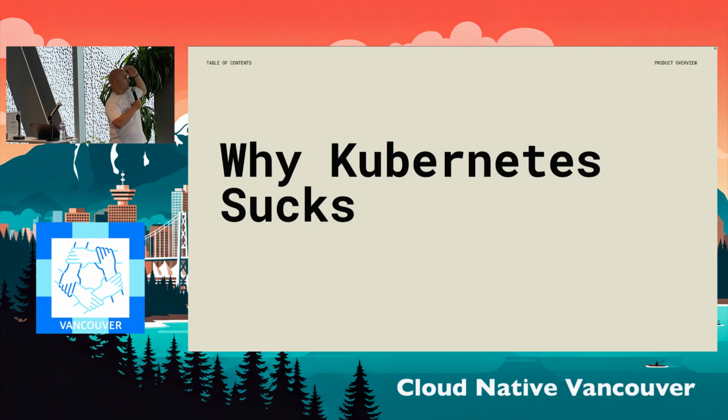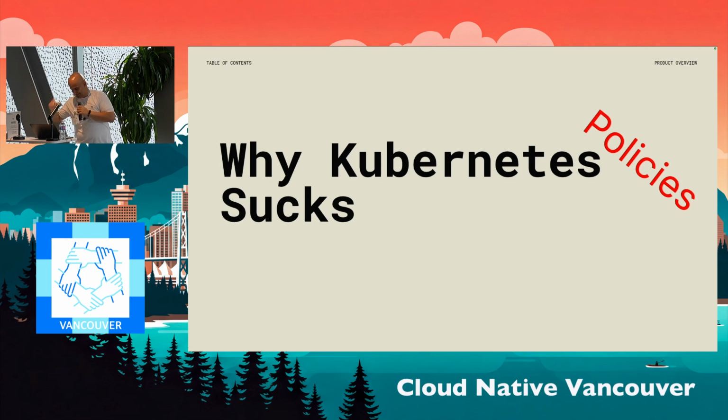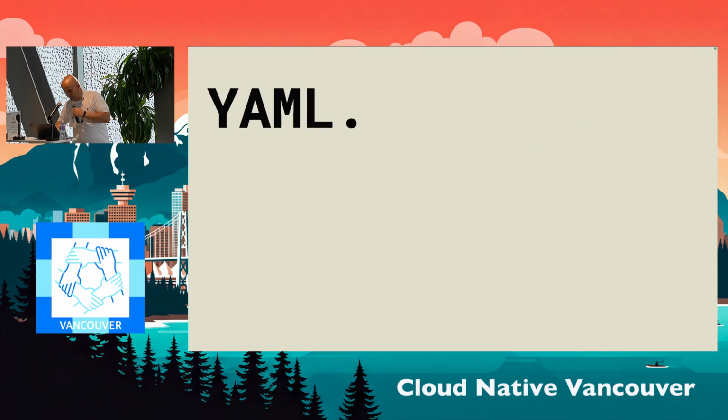All right, so why Kubernetes sucks? My apologies. Why Kubernetes policy sucks? Two different things. I have another presentation about why Kubernetes sucks. That's another story. So first of all, YAML.